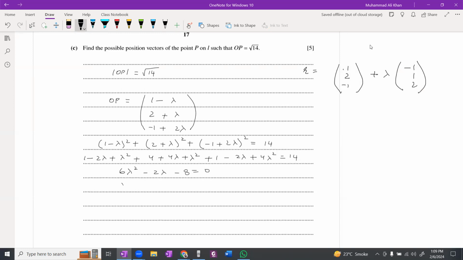By using our calculator, the two values of lambda are: the first is 4 upon 3 and the second one is minus 1. Therefore, these values of lambda are for the point P. If there is a line and point P is on it, then for this point P there are two values of lambda, 4 upon 3 and minus 1.